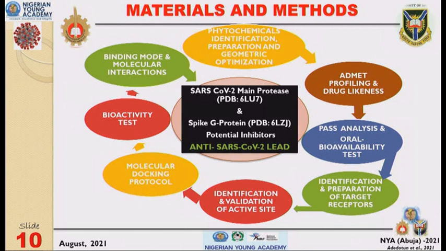The 2D structure was converted to 3D, and we tried to carry out a conformer search on all the phytochemicals that we have, so that we have a set of ligands that are very, very stable before we can carry out our virtual screening. After that, we carried out what we know as geometry optimization, because we need compounds with a stable geometry.